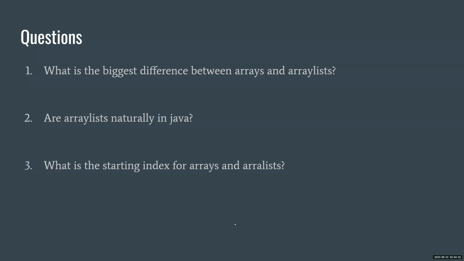Does anyone know the answer to the first one? Arrays are used to store multiple values, and an array list is a dynamic array which can change the size. Yeah, that's correct. The biggest difference is that arrays can't change size, whereas array lists can change size.